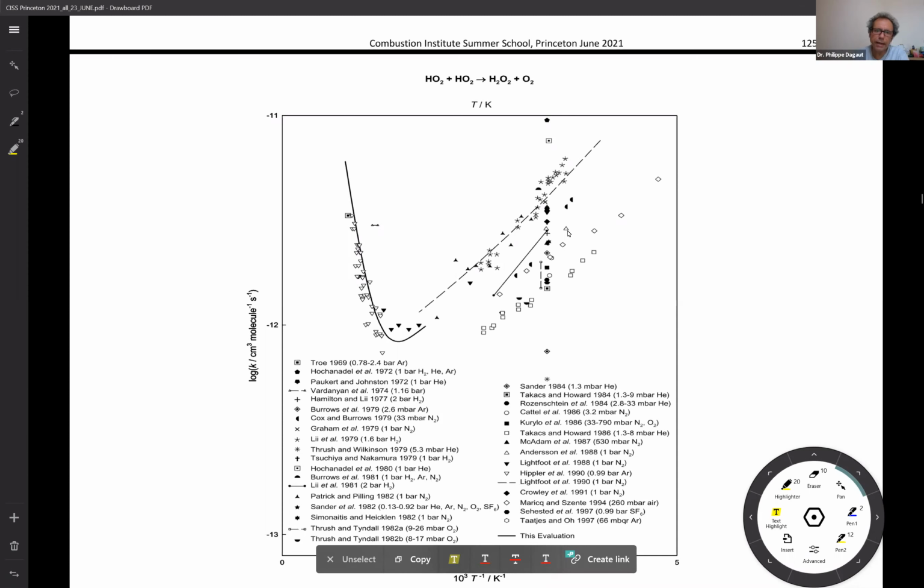So you can see that below about 800 Kelvin here, this rate constant goes down, and then it's going up with a strong activation energy.